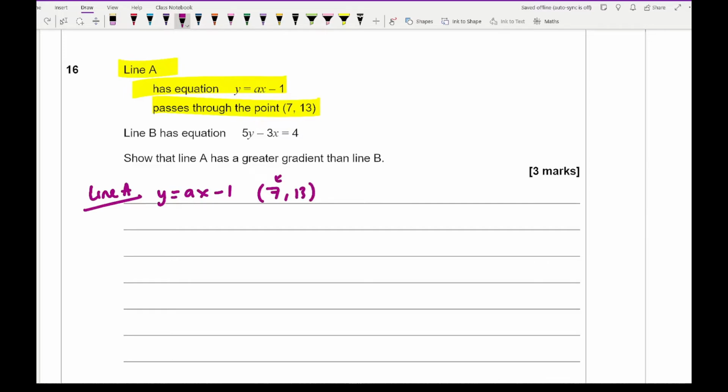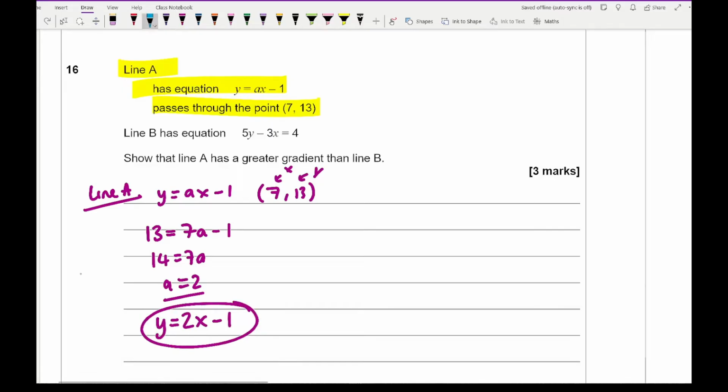So this is my x value, this is my y value. So substituting those in, I get 13 equals 7a minus 1, and then I get 14 equals 7a, so a equals 2. So then the equation for A is going to be y equals 2x minus 1.